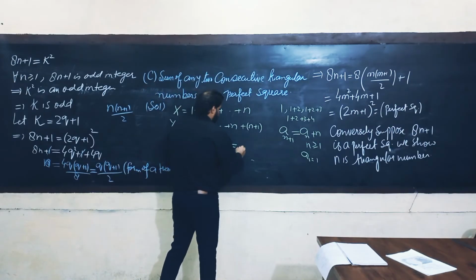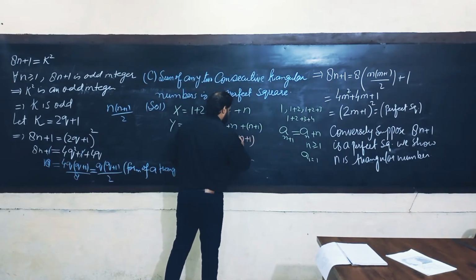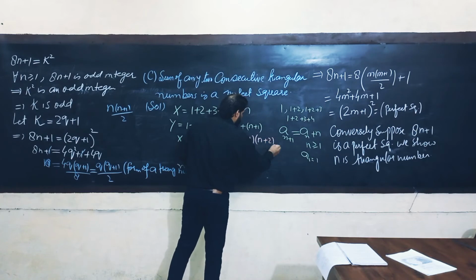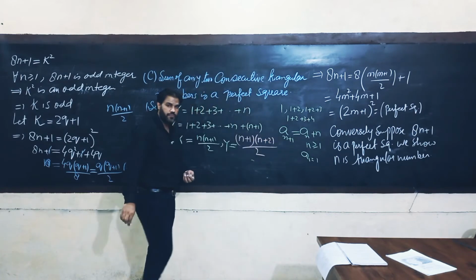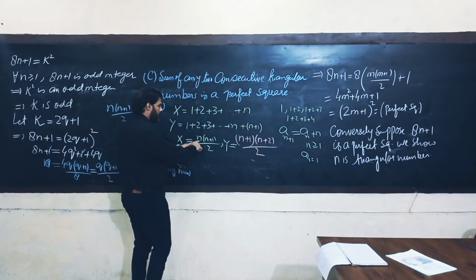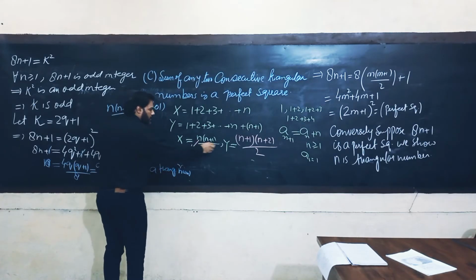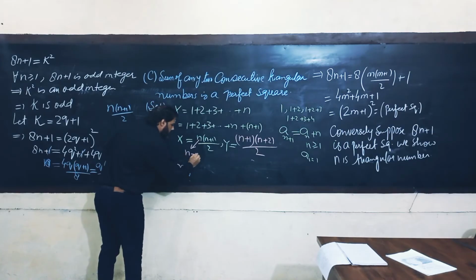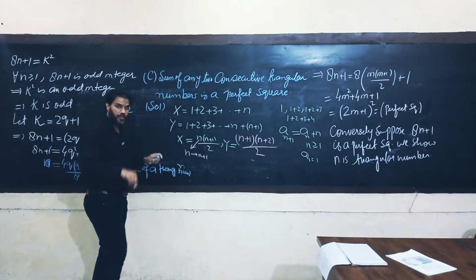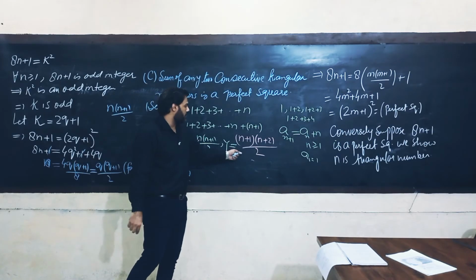So this is equal to n plus 1 into n plus 2 divided by 2. By simply replacing n by n plus 1 in the formula for the sum of first n natural numbers, we can obtain the value of y.